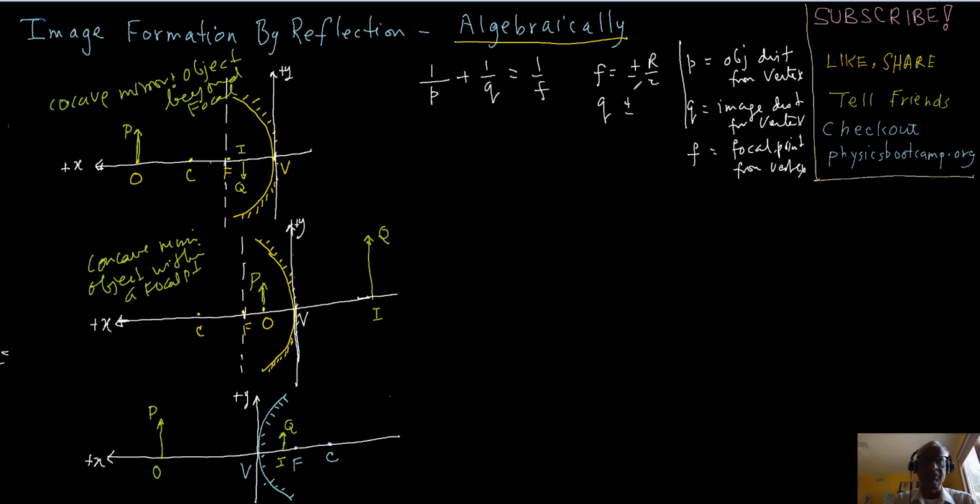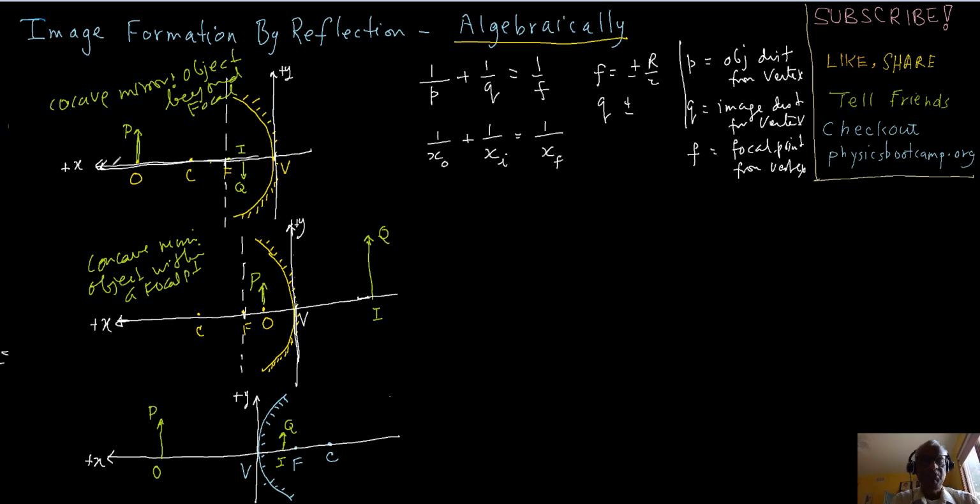But the way I'm going to write it, you really don't have to memorize the sign convention, because you just place the positive x-axis along whichever direction the object is, and write this as 1 over the x coordinate of the object plus 1 over the x coordinate of the image equals 1 over the x coordinate of the focal point.